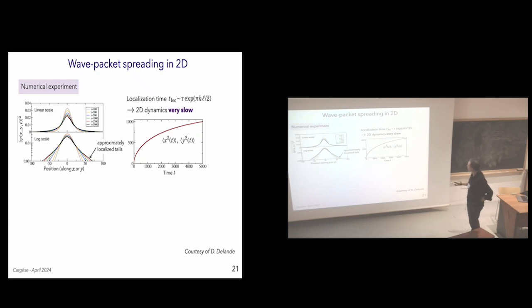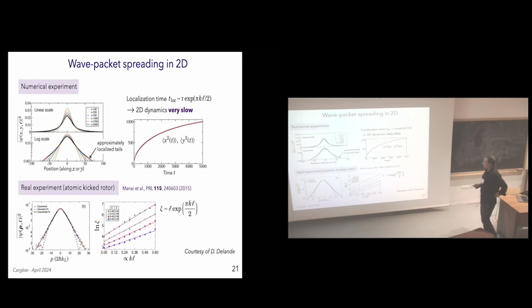I think it's because you have many logarithmic corrections in 2D. In experiments, 2D localization was also measured with cold atoms in the same group in Lille. And in this experiment, which I only sketch here, they could in particular directly observe the exponential growth of the localization length with the product kl, so this formula I showed you before in 2 dimensions.